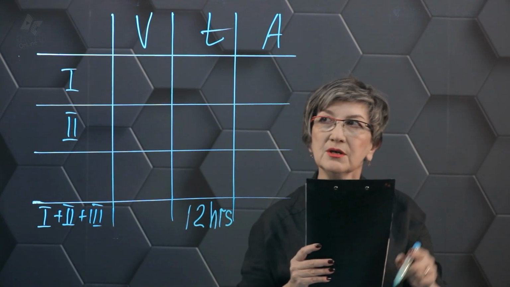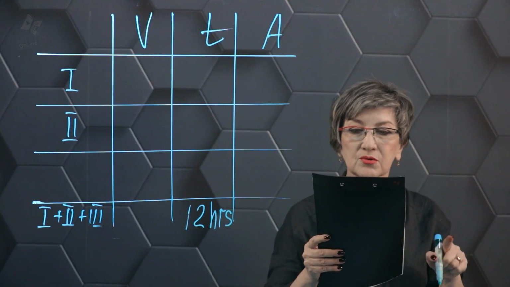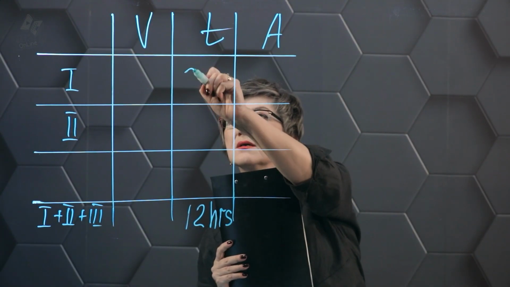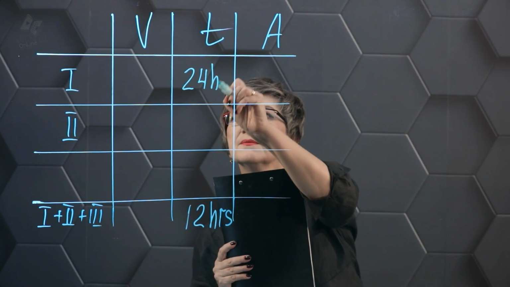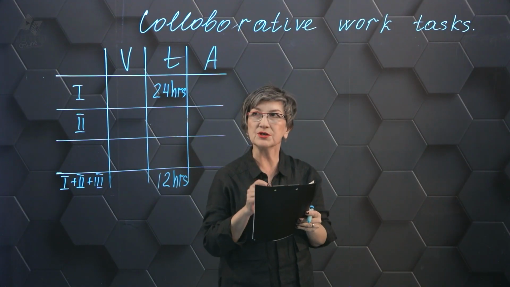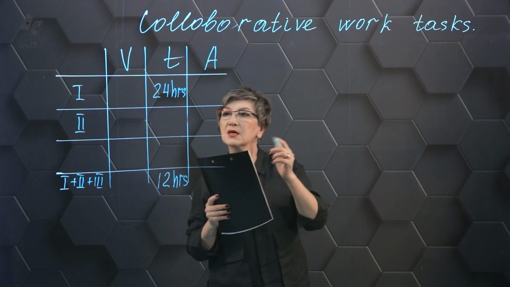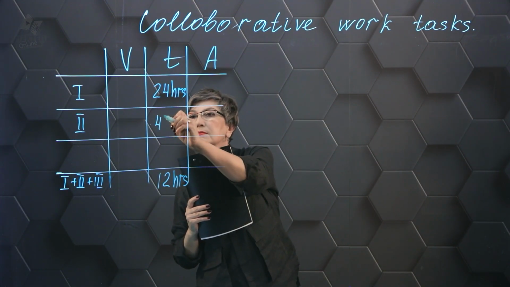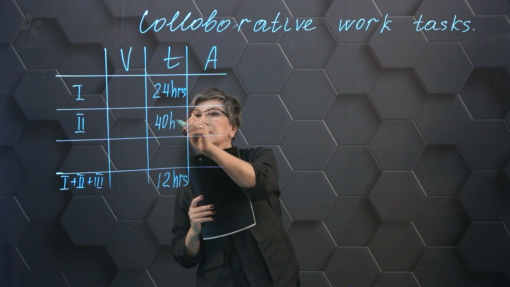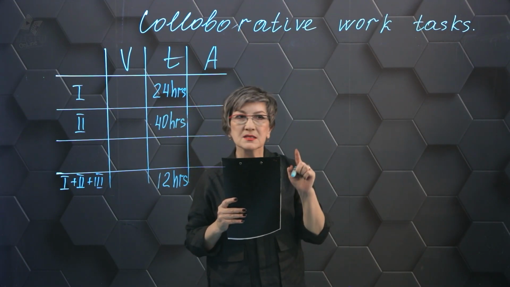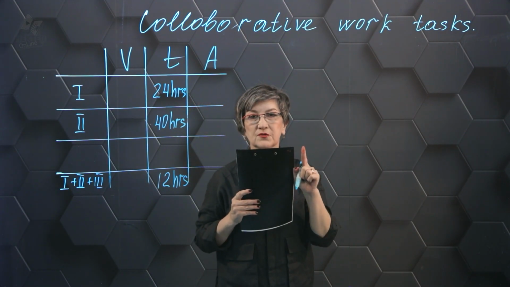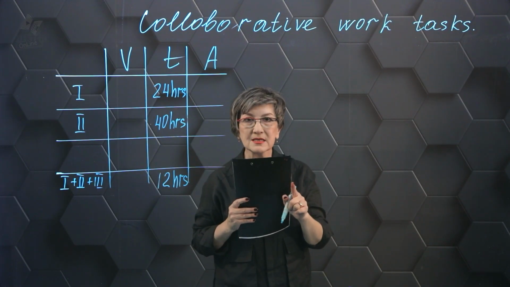The first worker can do this work in 24 hours. The second worker can do this work in 40 hours. In how many hours can the third worker do this job if he works alone?